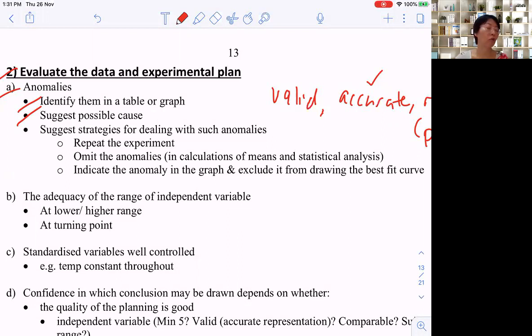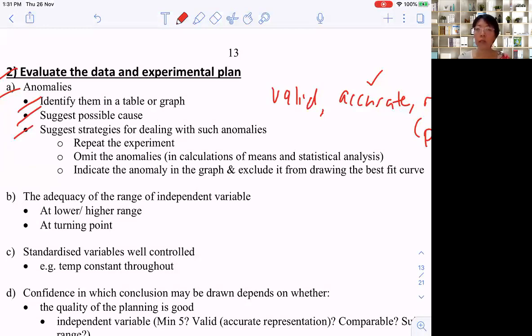Is it because the wrong solution is added in, or is it because suddenly there's an electricity cut and then the water bath is no longer hot, say for example, or is it because you mix up the solution, or you mix up the procedure? So what is the possible cause of the anomaly? And suggest strategies for dealing with such anomalies.